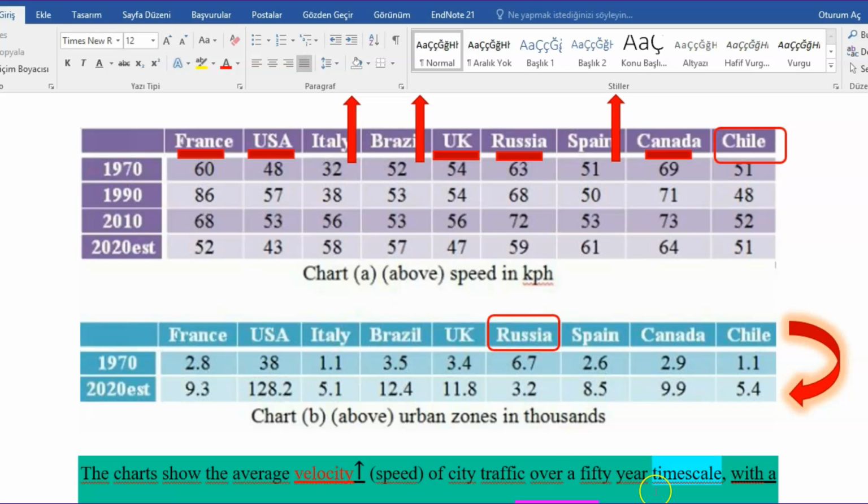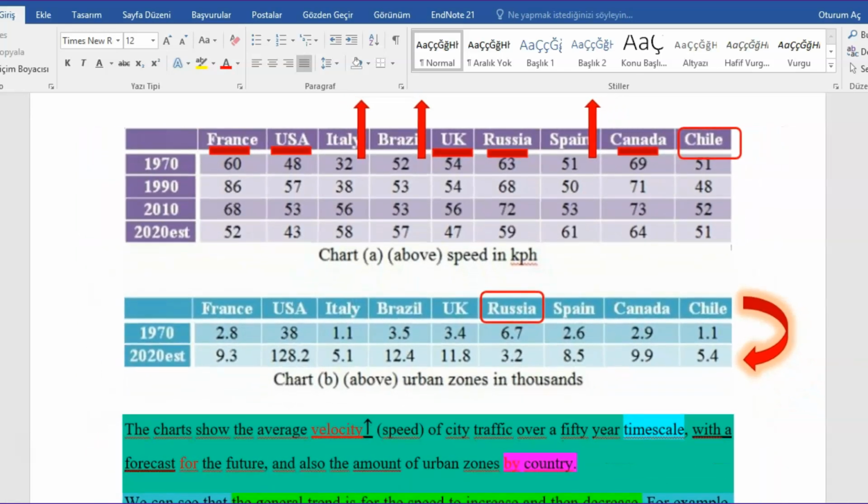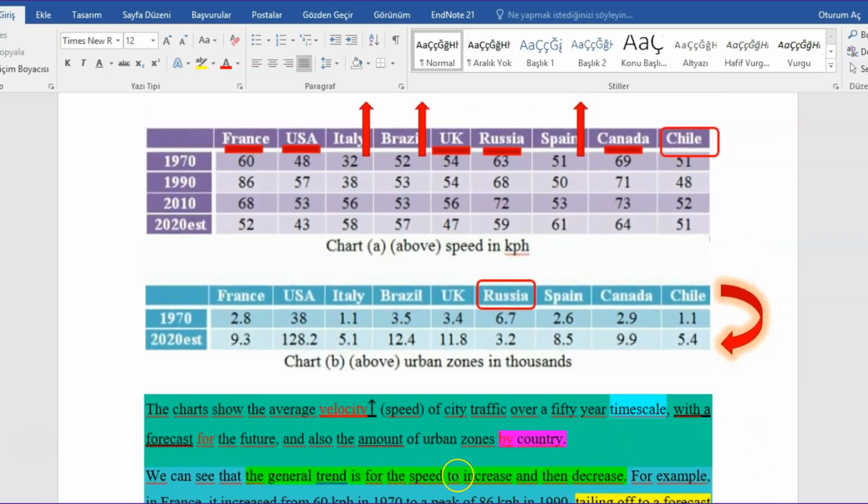Okay? The charts provide information, give information. The average velocity. Actually we paraphrase speed to velocity. It has high frequency and you have to use it.